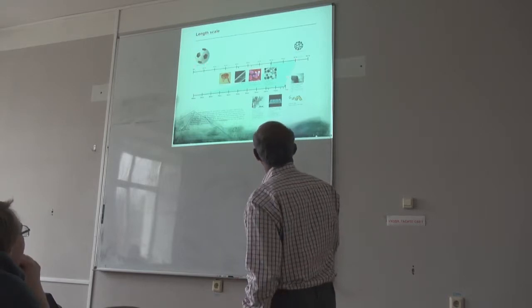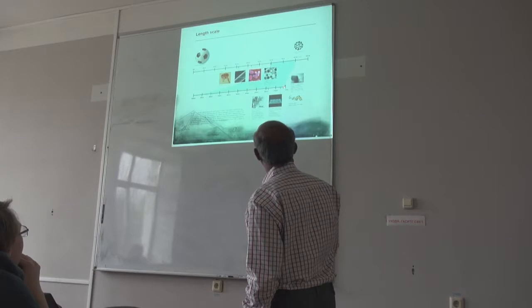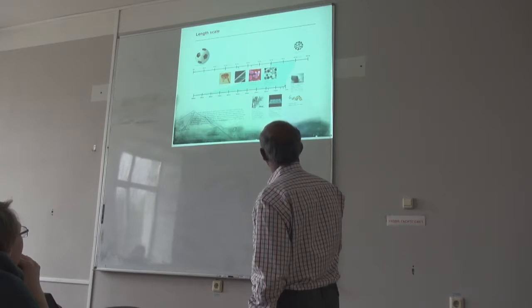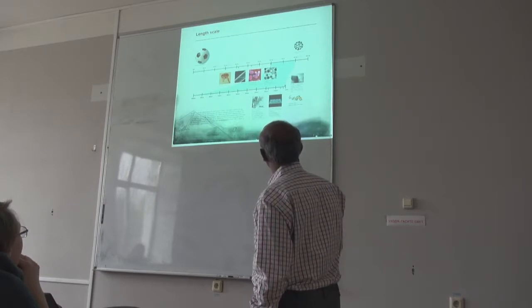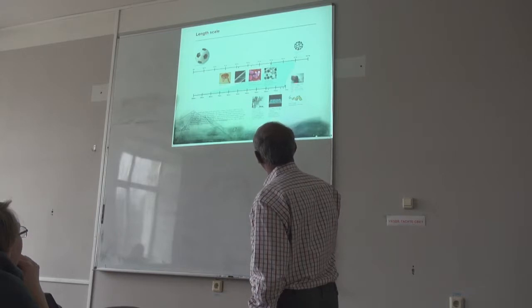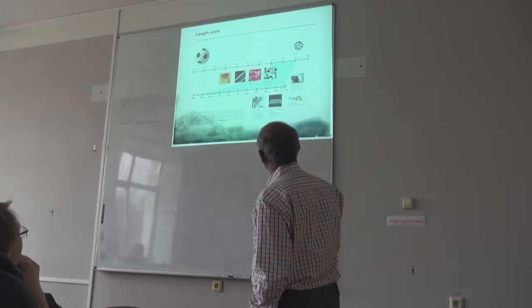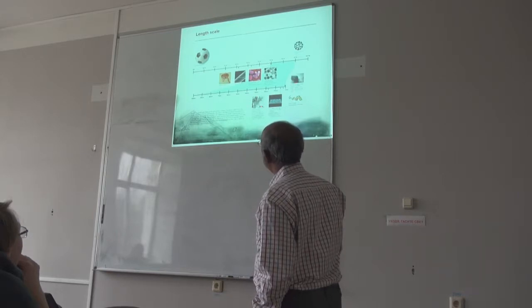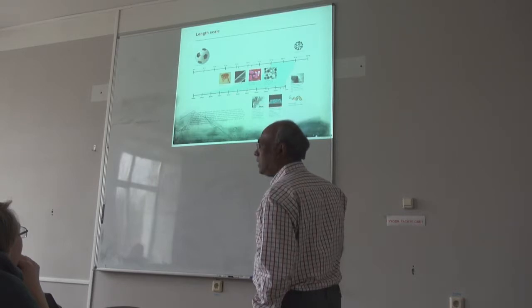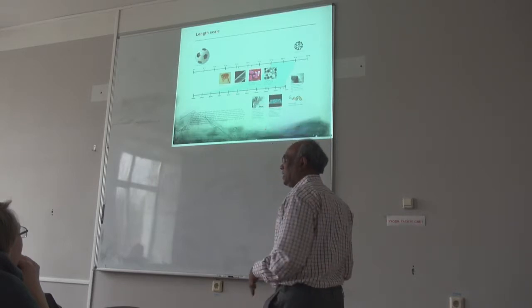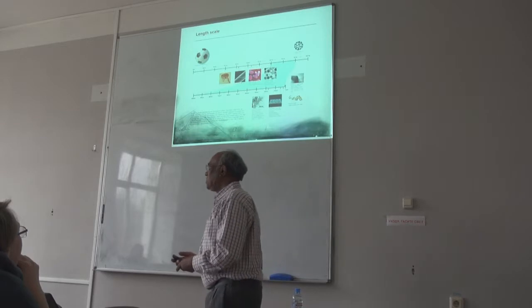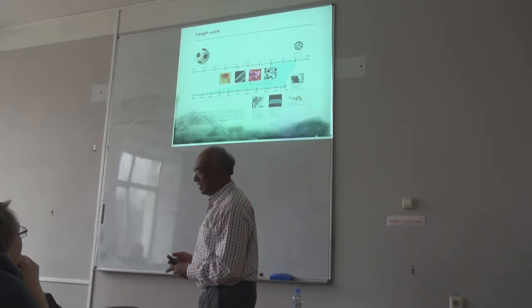If I look at this scale here, you can separate into other nanomaterials, going from DNA molecules to carbon nanotubes and some other nanoparticles. So this is the typical length scale for nanomaterials. And that's so you can understand.